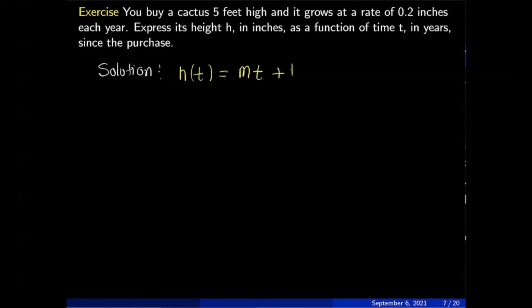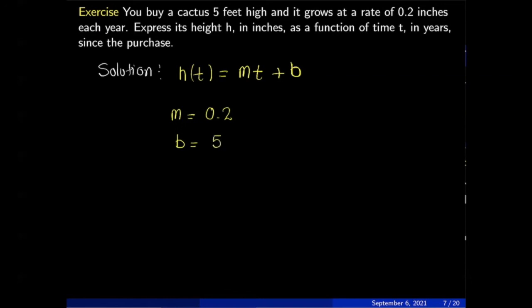And then there is going to be a constant b, which is basically the height at which the cactus starts. As you can see here, m is given as 0.2 because this many inches is how much the height of the cactus increases every year. And b is going to be the starting height of the cactus, which is given as 5 feet.